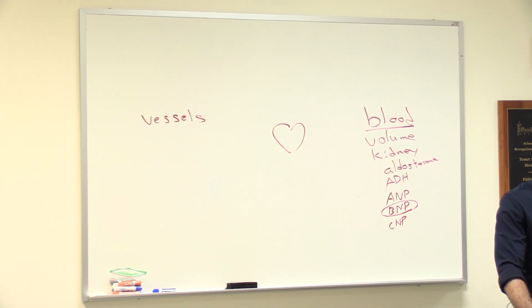And then the kidneys also have their own mechanisms for regulating blood pressure and blood flow. And what mechanism is that? You got nothing, huh? Is it like a hormone? It's a pathway.